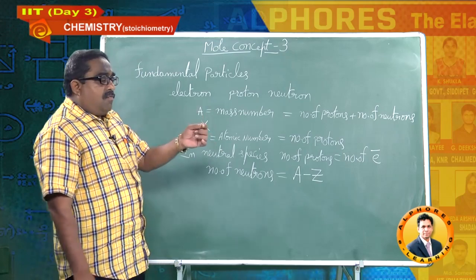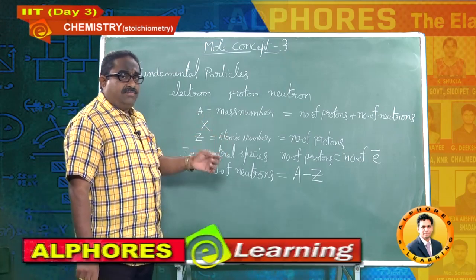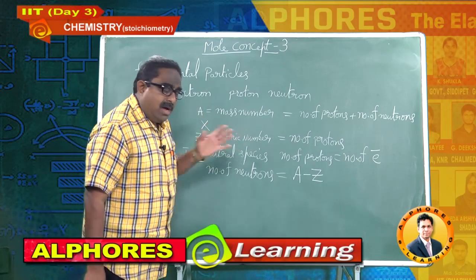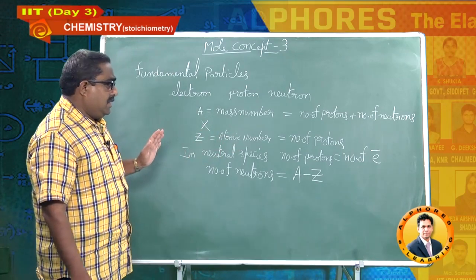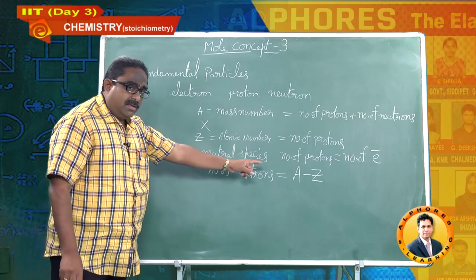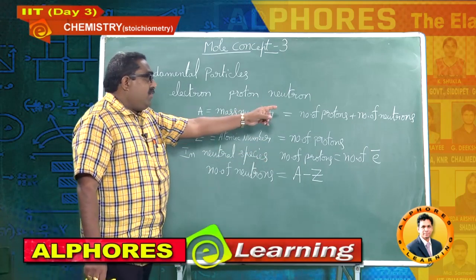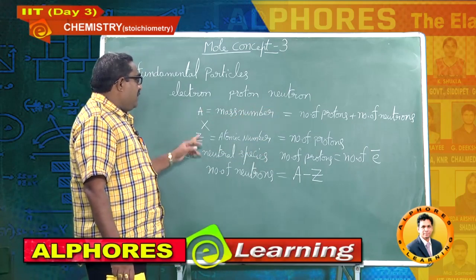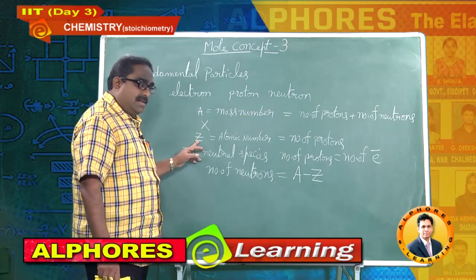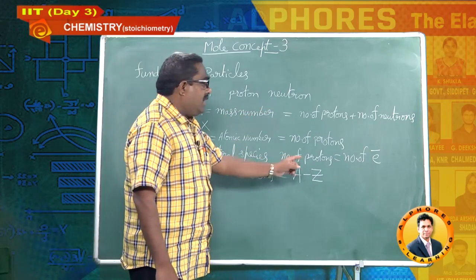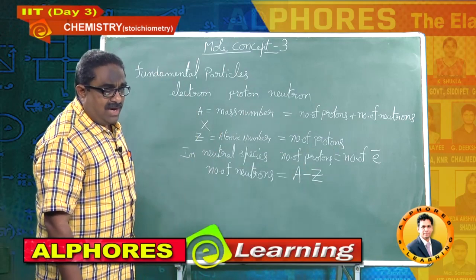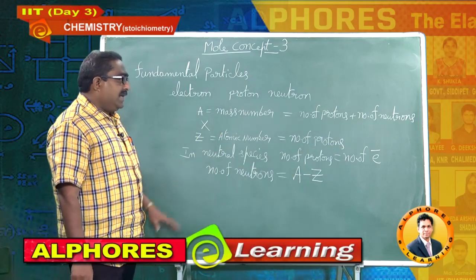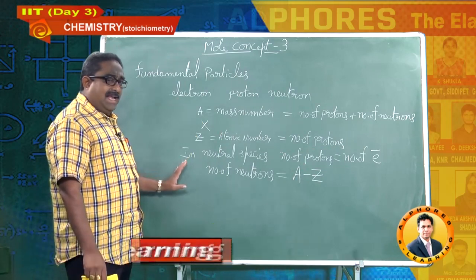So, for an individual atom or an ion, one can calculate the number of protons and number of neutrons from the values of A and Z, and if it is neutral, number of protons is the same as number of electrons. I think I have noted down clearly.